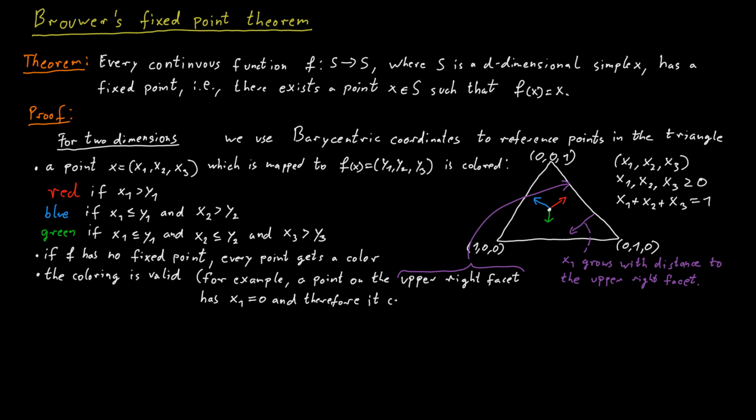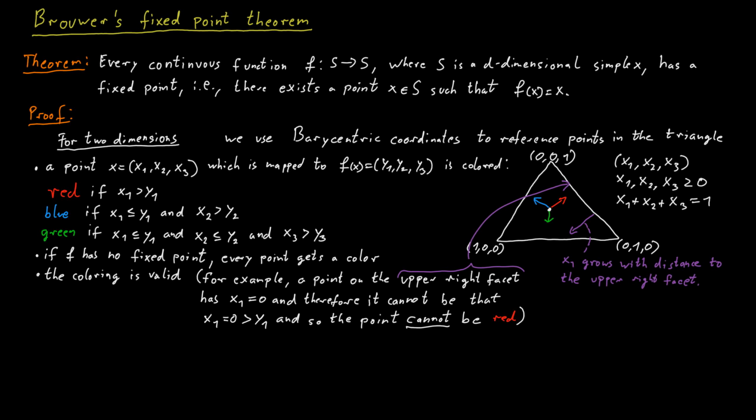And therefore, it cannot be that any of those points are colored red, because x1 is 0 there, and it cannot possibly be that 0 is strictly bigger than y1, because y1 has to be non-negative. And you can make similar arguments about the three corners and about the other facets.